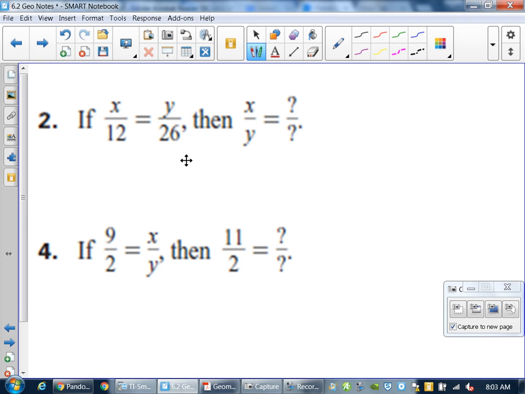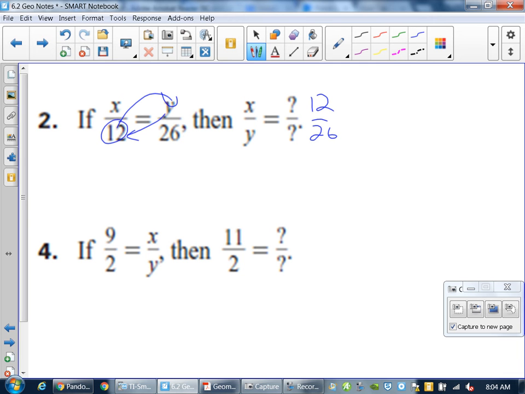Over 26, very good. That's it. See how the y went here? Which means that this has to go here. And that's it. Can you simplify it?